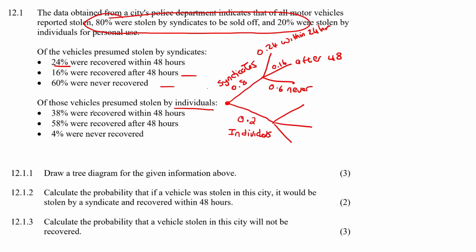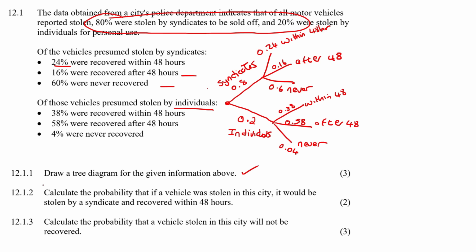Same in the bottom one: 0.38 within 48 hours, 0.58 after 48 hours, and then 4%, which is 0.04, never. So there's the tree diagram.